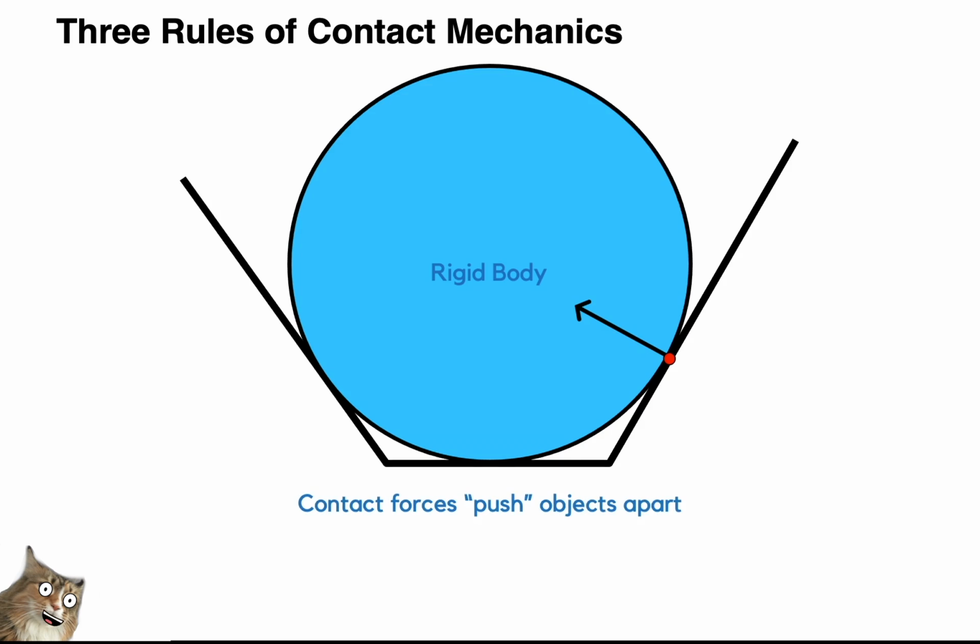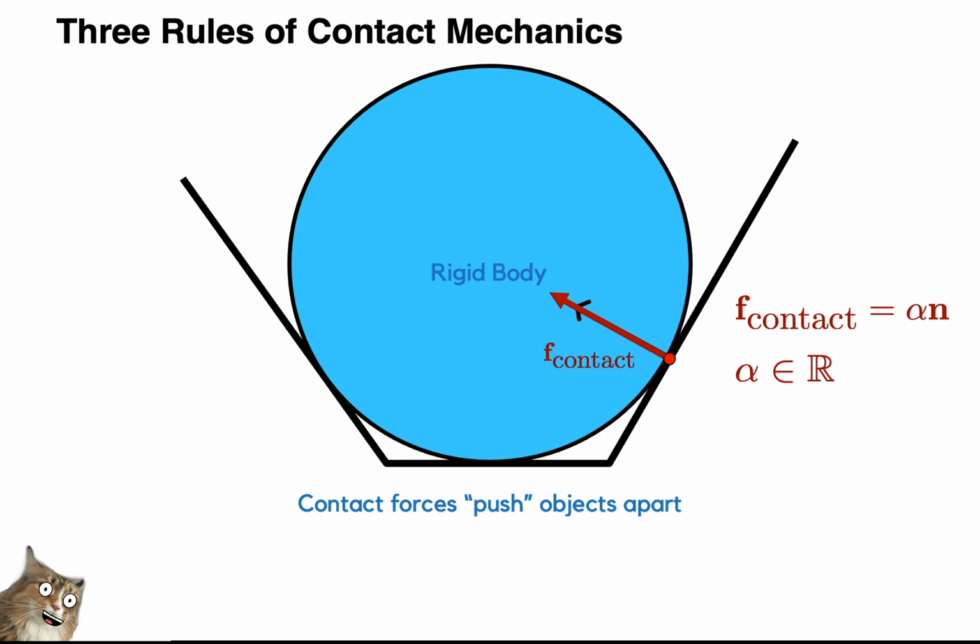Also remember that our contact forces don't include phenomena like friction, so they shouldn't change the relative sliding velocity of our objects. That means they should only act along the direction of the contact normal. We can denote this notion mathematically by forcing our contact forces to be a scalar multiple of our contact normal.